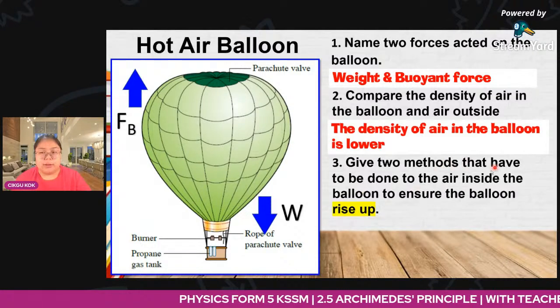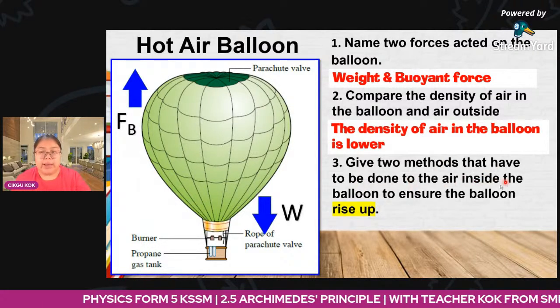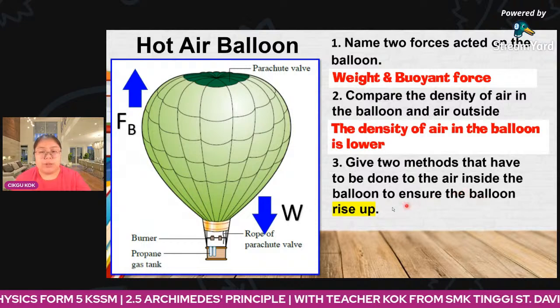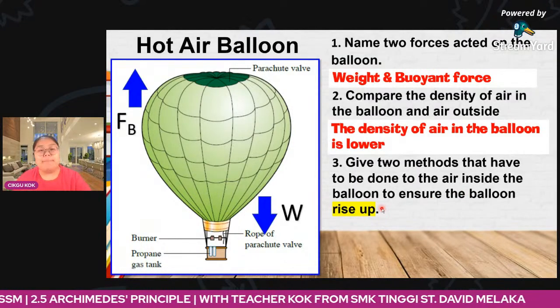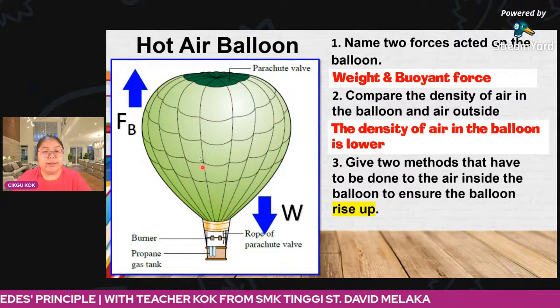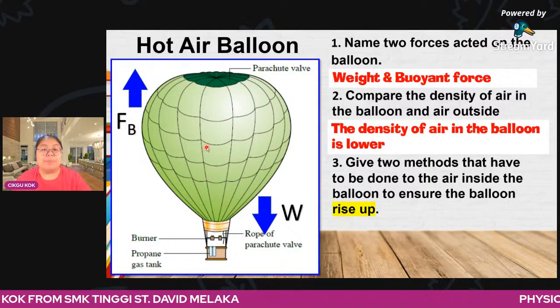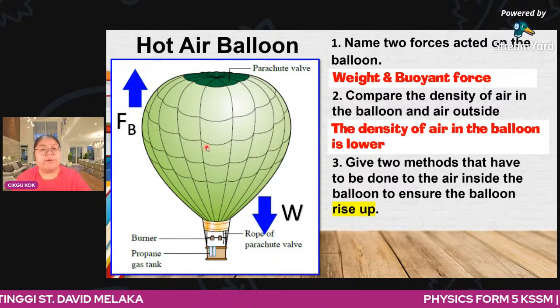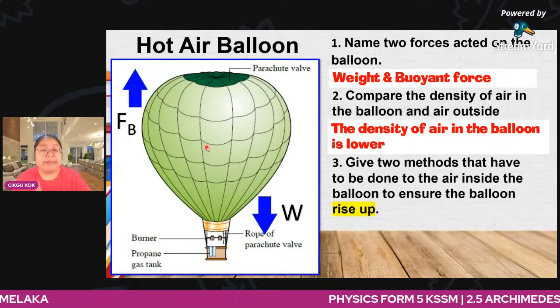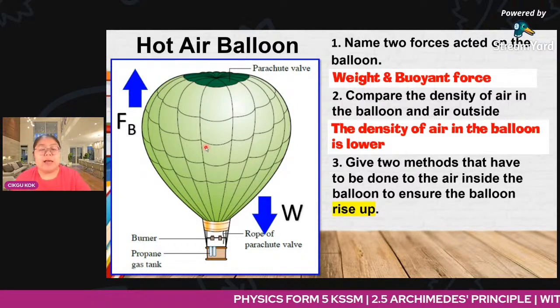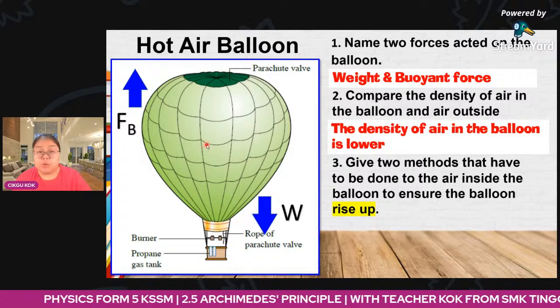Give two methods that can be done to the air inside the balloon to make sure the balloon rises up. That means how to make the air in the hot air balloon become less dense. First one, sure, we heat it. We heat the gas, so the gas becomes hot. Hot gas is less dense than cool gas.